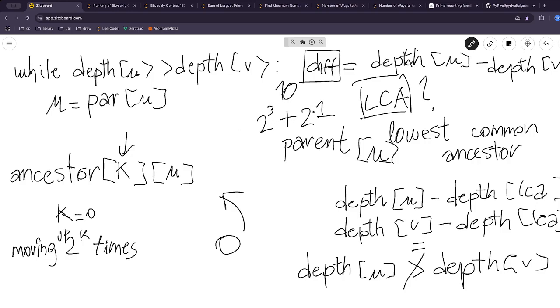And we know that there is a logarithmic number of powers of 2, and so we can decompose any jump that we need into a small number of jumps of powers of 2, and so we can do that jump in logarithmic time, right?